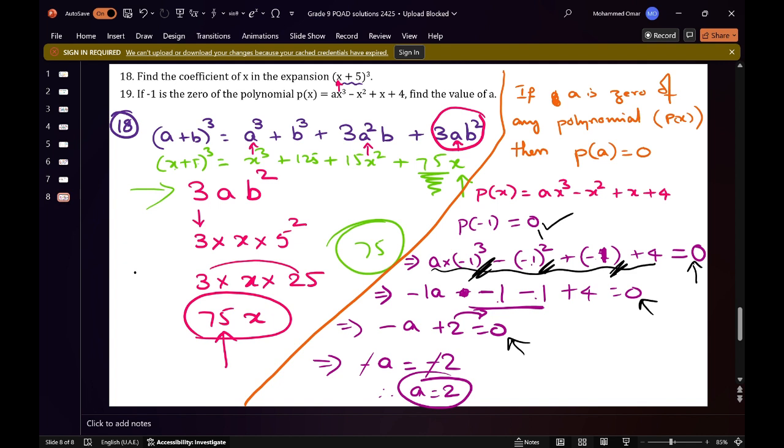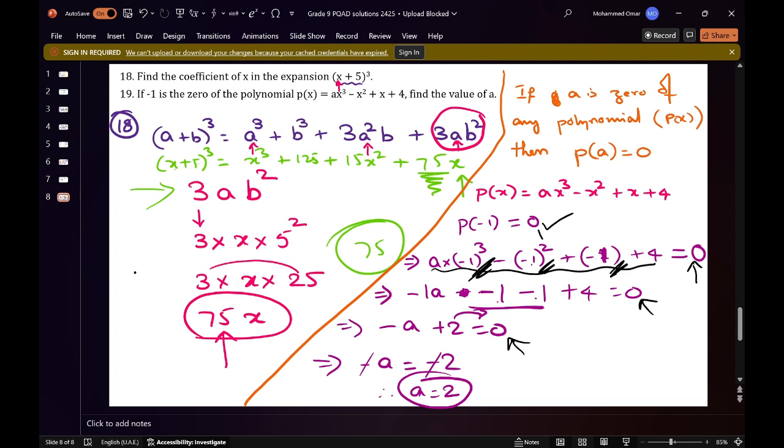If you want to see the answer clearly without any scribbling, just go back, pause and copy it. But after copying, do it on your own. Understood? This is very important. I have given you a suggestion.